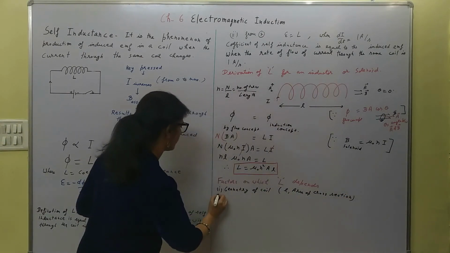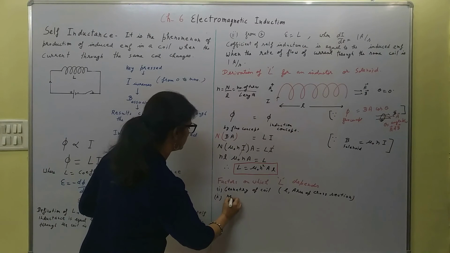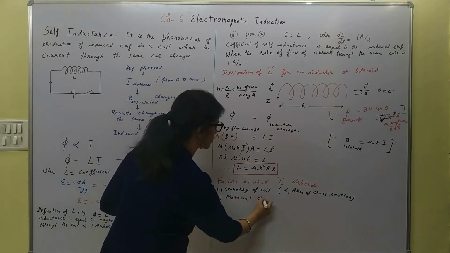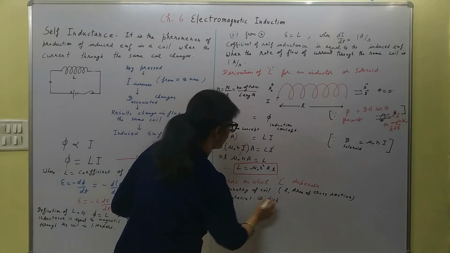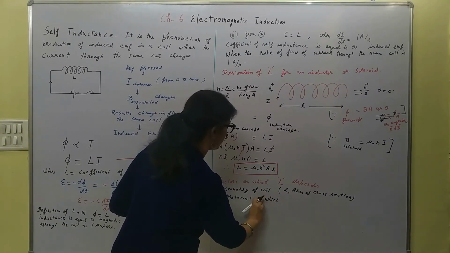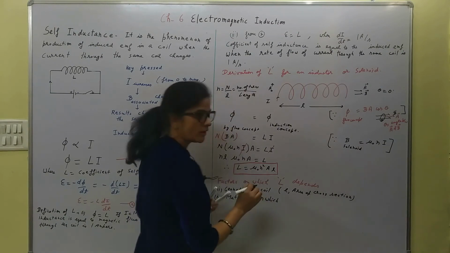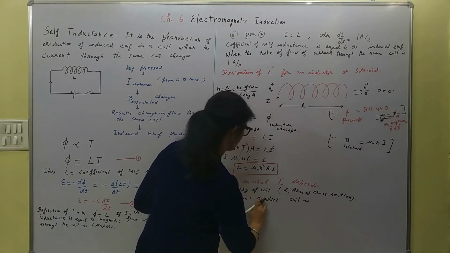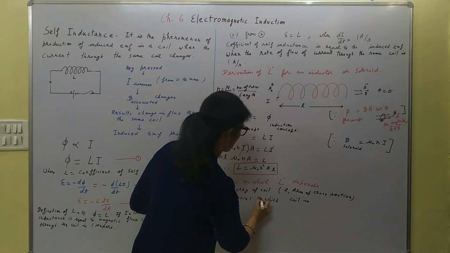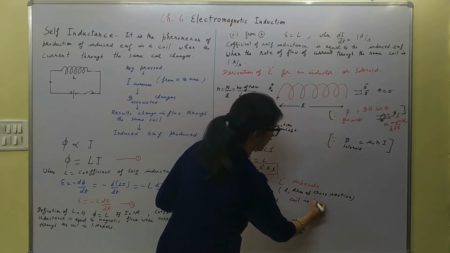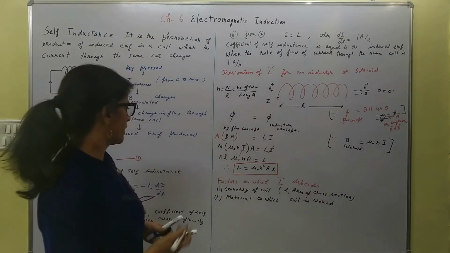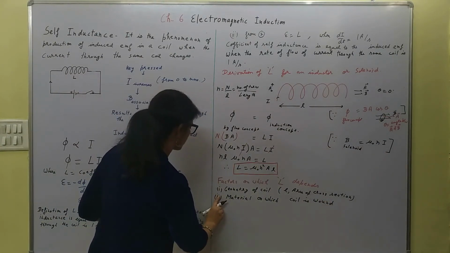Then we have the material on which the coil is wound. Right. Number of turns is also sometimes included in geometry only.